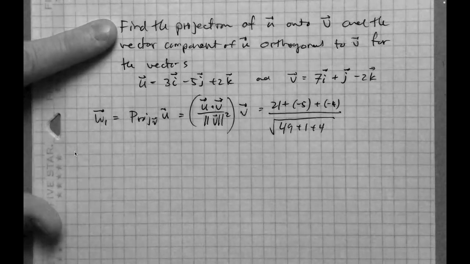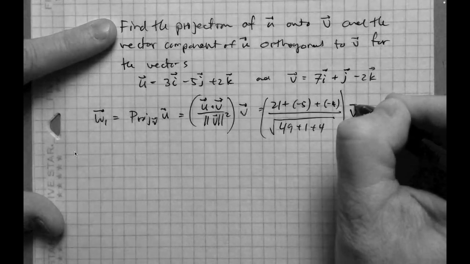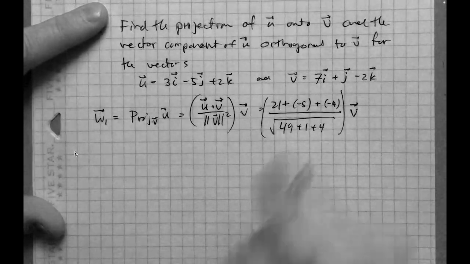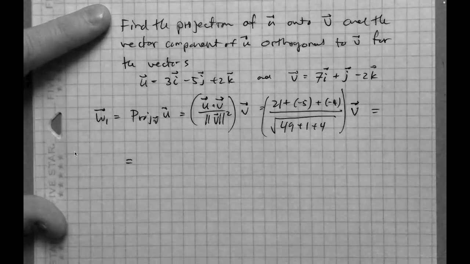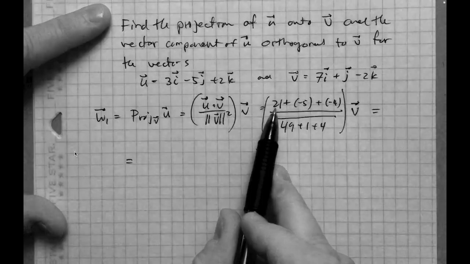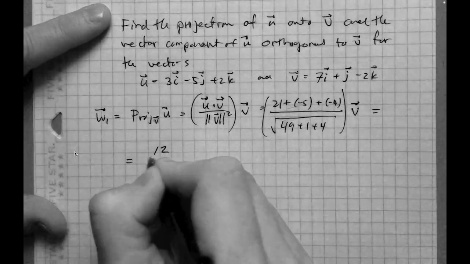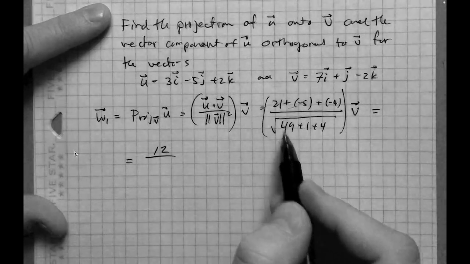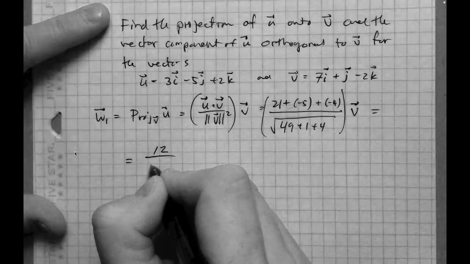And then that scalar needs to be multiplied, this is the scalar multiplication with v. Okay, so let's add all this up. We get 12 on the top, and then the square root of 54.